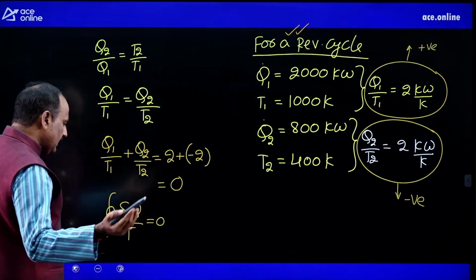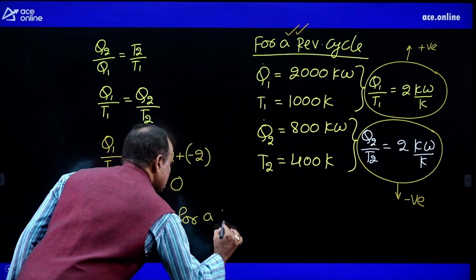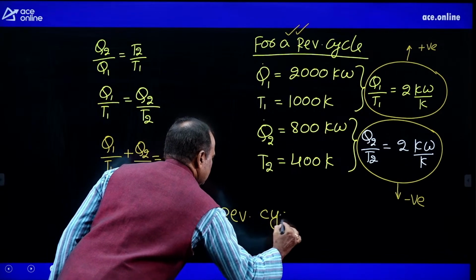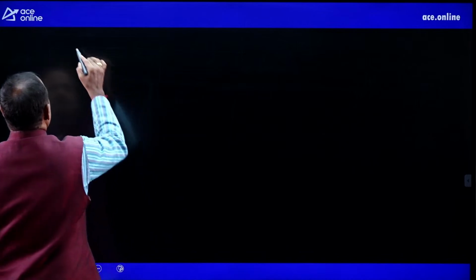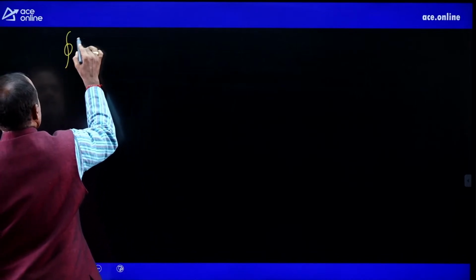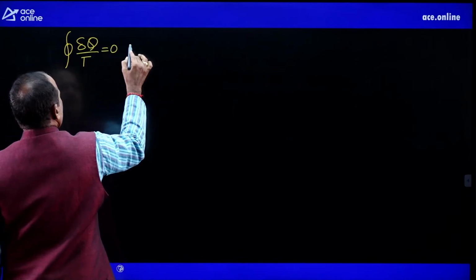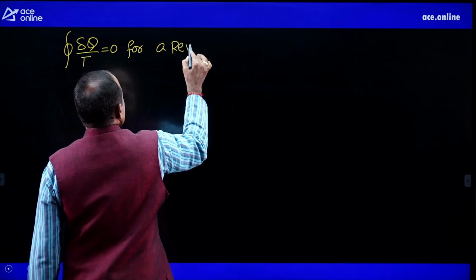Let us take another slide. We got the cyclic integral of del Q by T equal to 0 for a reversible cycle.